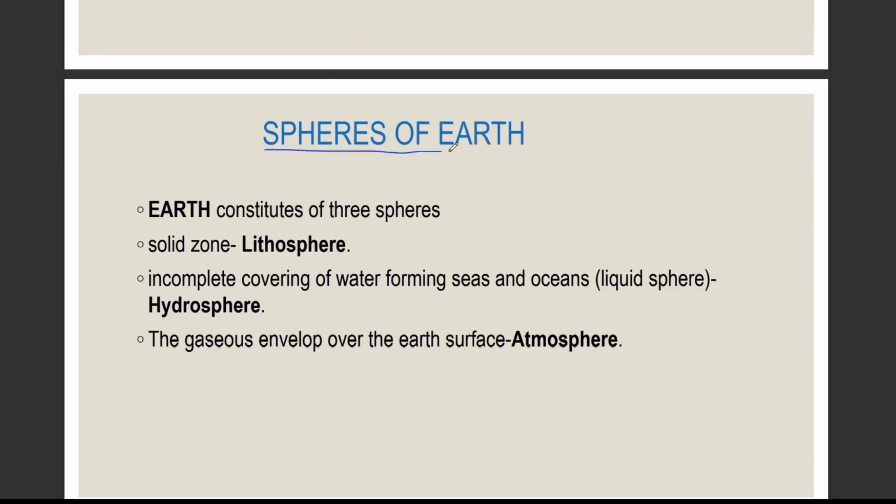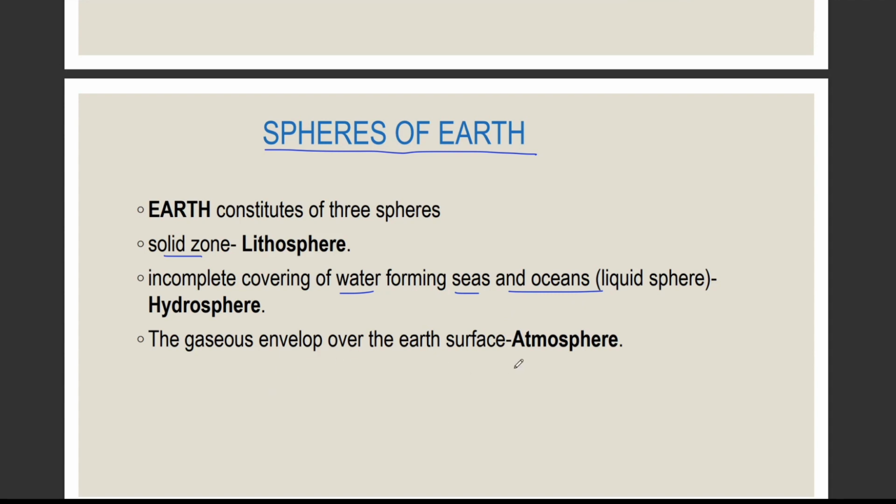After that, we have the spheres of earth. Mainly earth consists of three spheres. We all know that: the lithosphere, that is the solid zone, and the hydrosphere, that is the liquid zone, mainly water, present on the sea and ocean surface, and also in some areas on the lithosphere, like ponds, lakes or rivers.